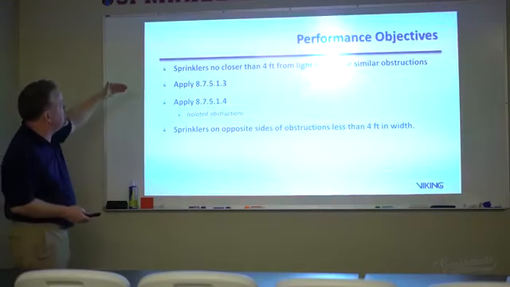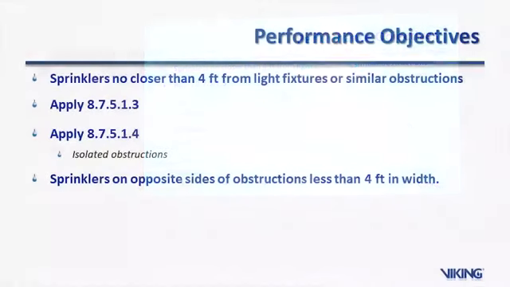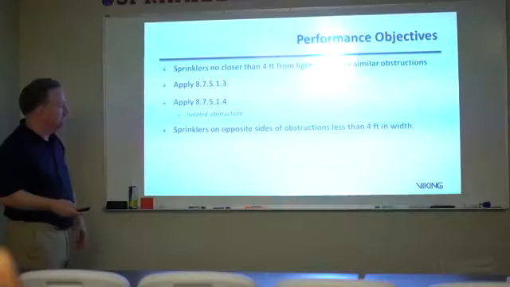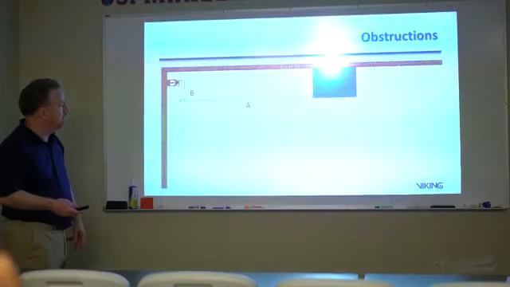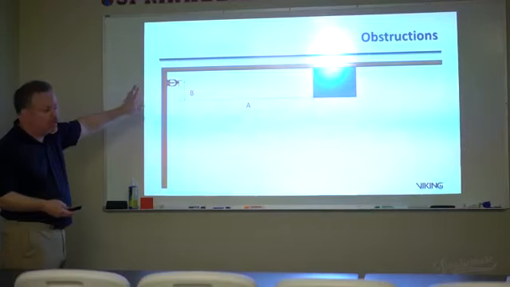Okay. Performance objectives: sprinklers no closer than 4 feet from light fixtures, and then we apply beam rules and 3 times rules. Sprinklers on the opposite side of obstructions less than 4 feet in width. We mentioned that as well, but again, same general principles.